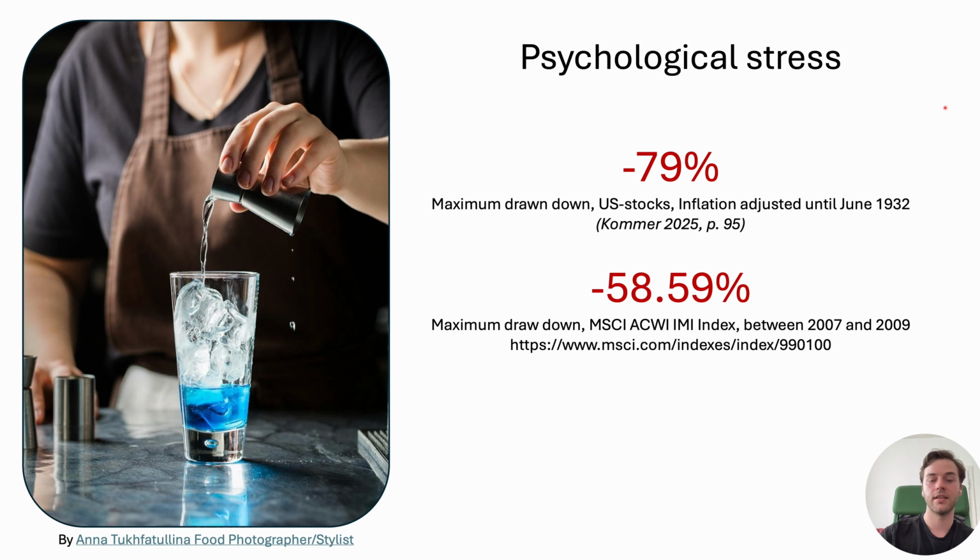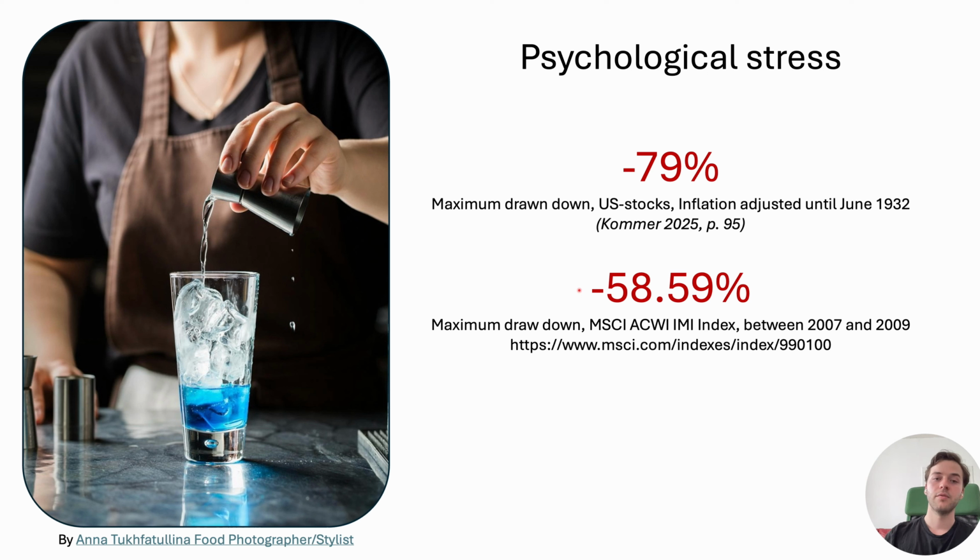But of course, if you have the situation that even your worldwide diversified ETF goes down nearly 60%, for many people this will stress them out, especially now with the new broker apps. Instead of checking your portfolio a few times per month, now we always have it on the phone. If it goes down, we can check immediately.